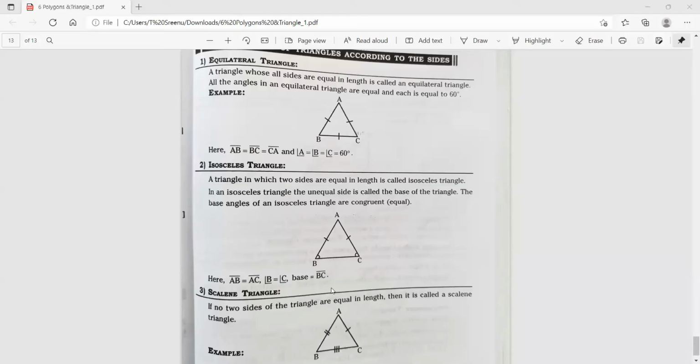Here we have taken some information. Let's go to that. Here you can see. Let me zoom in.